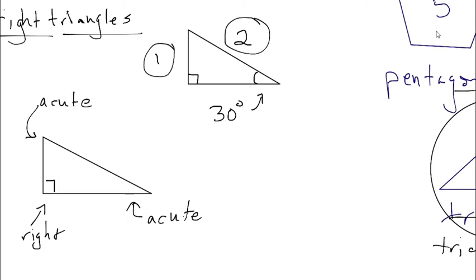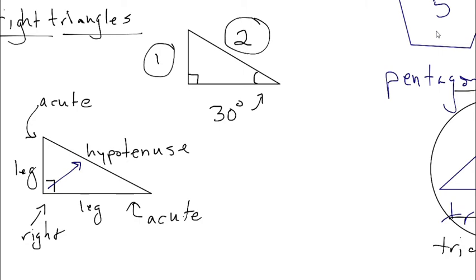And it has one hypotenuse, and it has 2 legs. And the hypotenuse, as always, is opposite the right angle.